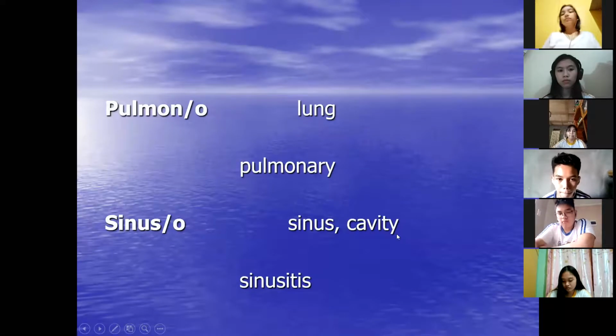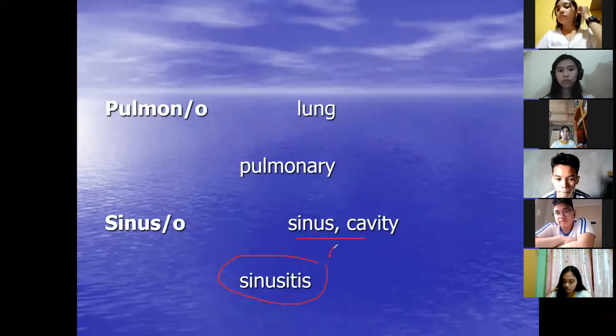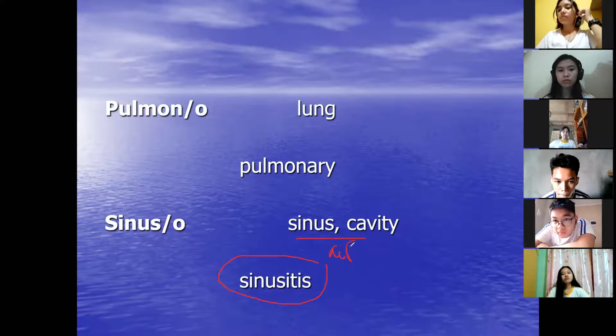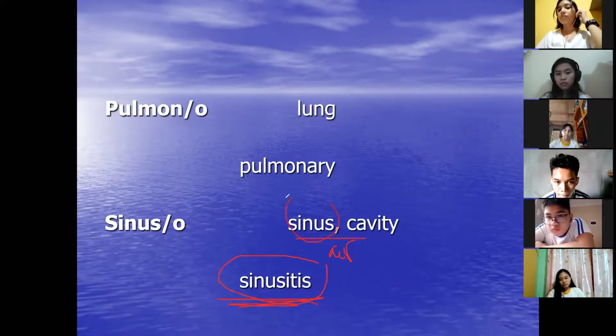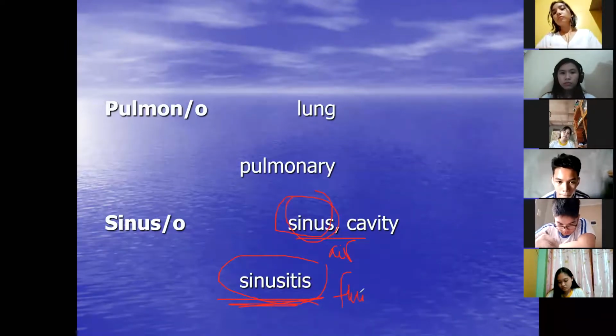Sinus is a cavity. Nasal sinuses also means the cavity in your nose. And that cavity is filled with air. Take note, the nasal cavity is filled with air. Sinusitis is the inflammation of your nasal sinuses, wherein there is fluid in your sinuses in the nose.